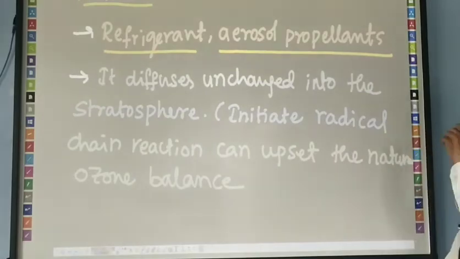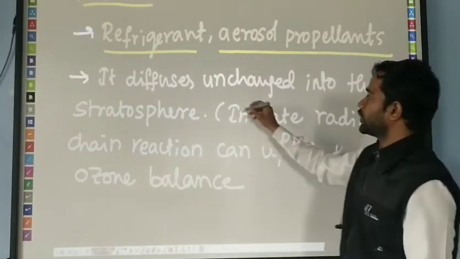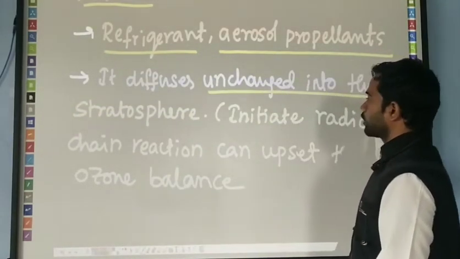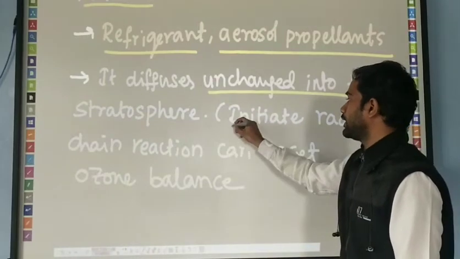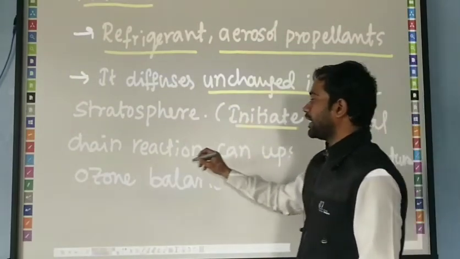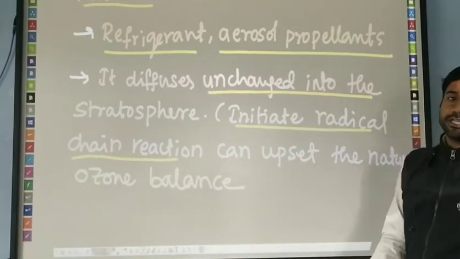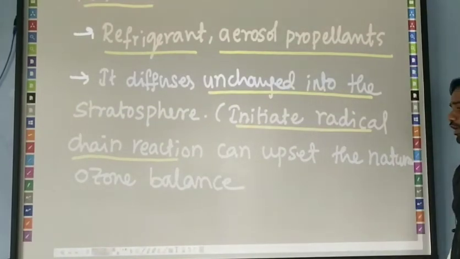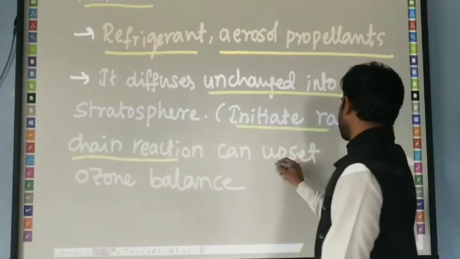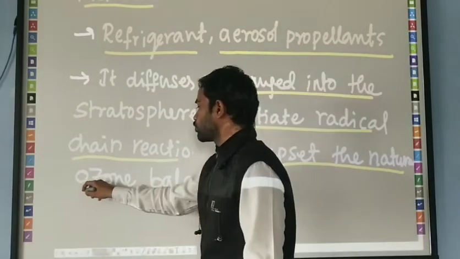The freons diffuse unchanged into the atmosphere, that is the stratosphere, where they initiate a radical chain reaction. The radical chain reaction is initiated by chlorofluorocarbons and it upsets the natural ozone balance.